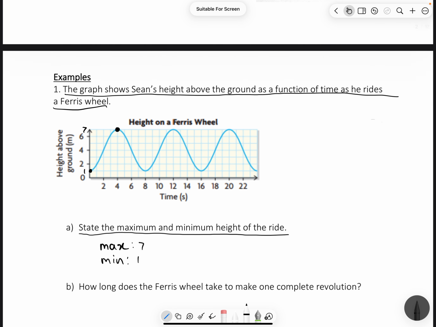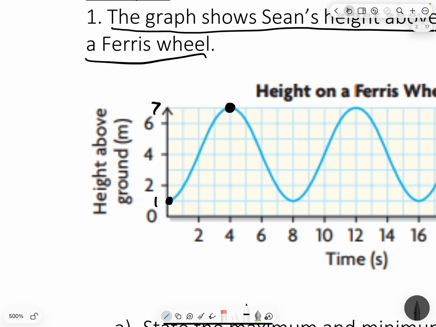Now we want to try imagining what the Ferris wheel would be like. Here we can see that the Ferris wheel, like I stated earlier, can't be touching the ground. It has to be levitated above the ground. The lowest height you can actually reach while sitting on the Ferris wheel is going to be 1 meter above the ground.